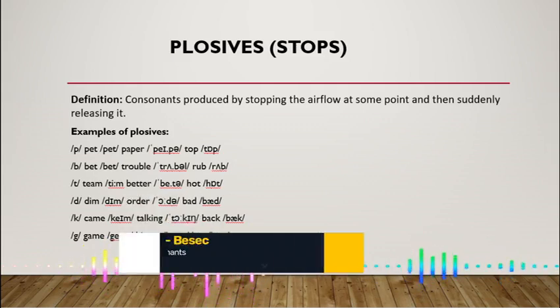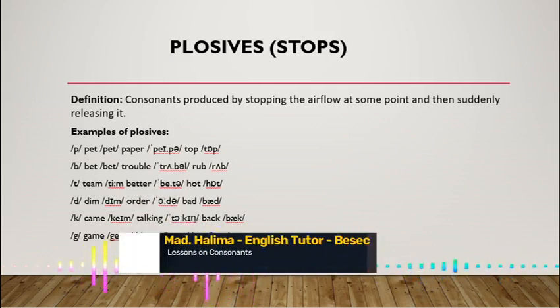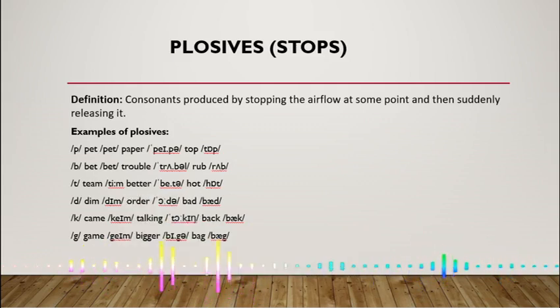Then there is a sudden release of the air from the articulators that you use in producing this sound. That's why we call them plosives. It's like the thing is exploding.